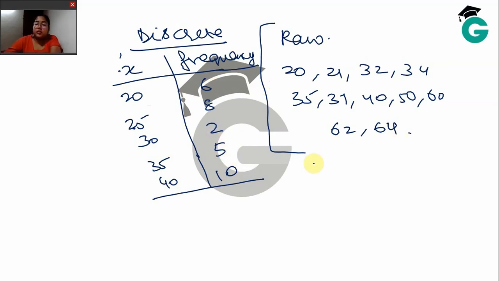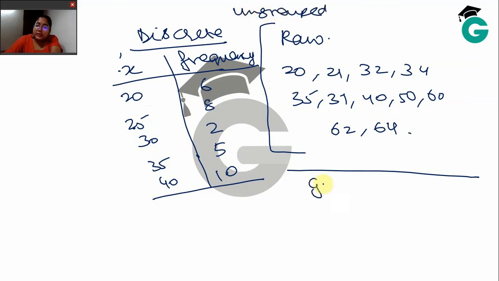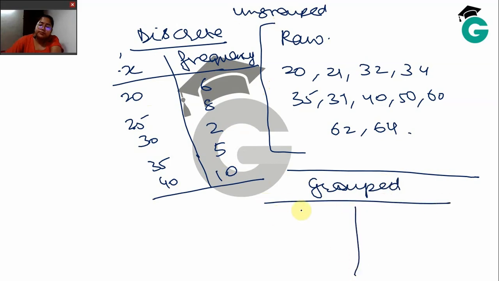Similarly, you could also have grouped data, right? So both of these are ungrouped naturally. The other type of data is grouped data. Grouped data would look something like, so if I, let's say, have scores of a class, then on a test out of 50, you could have 10 to 20, 21 to 30, and 31 to 40, and 41 to 50.